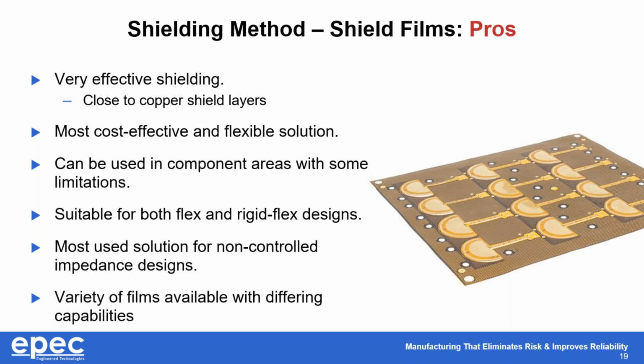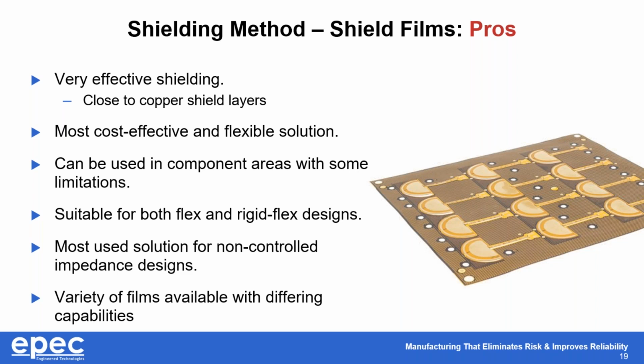And the primary or the main manufacturer of the film, company that we use extensively, called Tatsuda, has a variety of films available that have different capabilities. They'll be able to handle different coverlay thicknesses. There are different thicknesses. Some of them have some slightly different shielding characteristics.